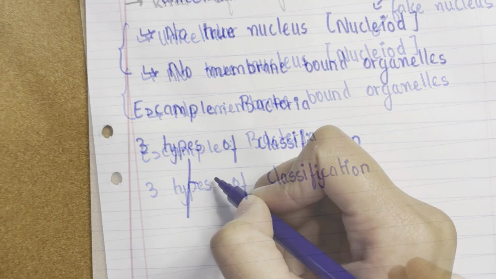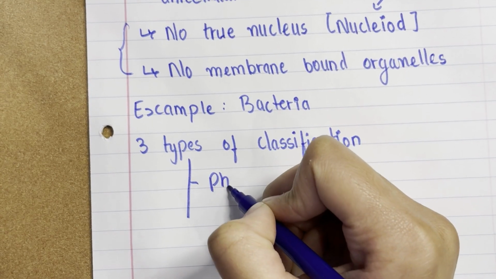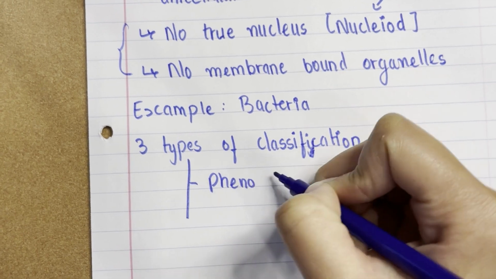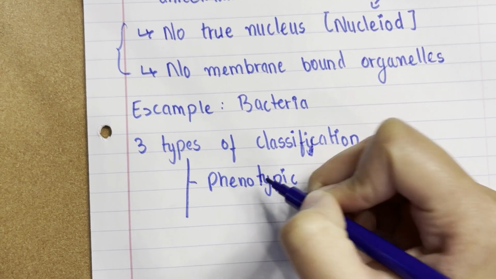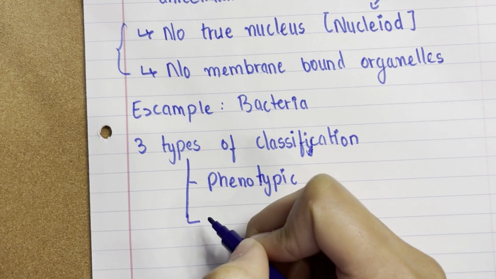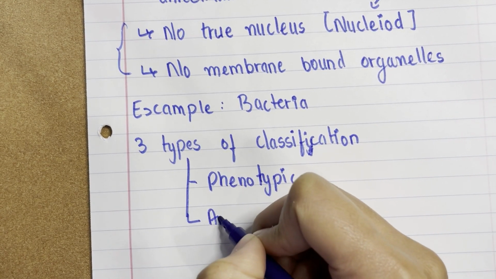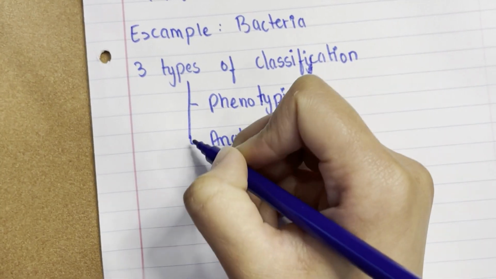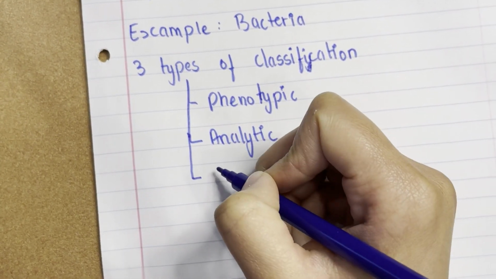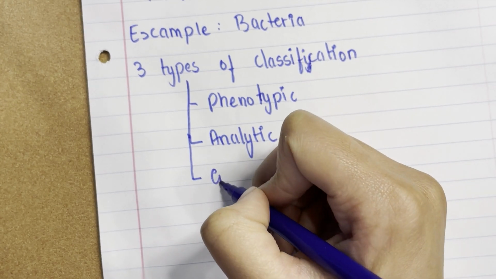So one is a phenotypic classification. Another is an analytic classification, and the third one is a genotypic classification.